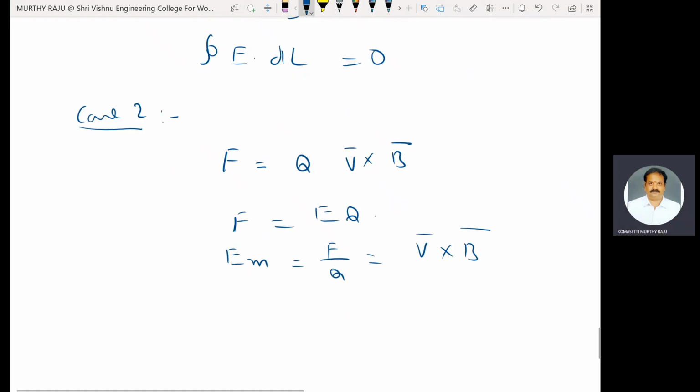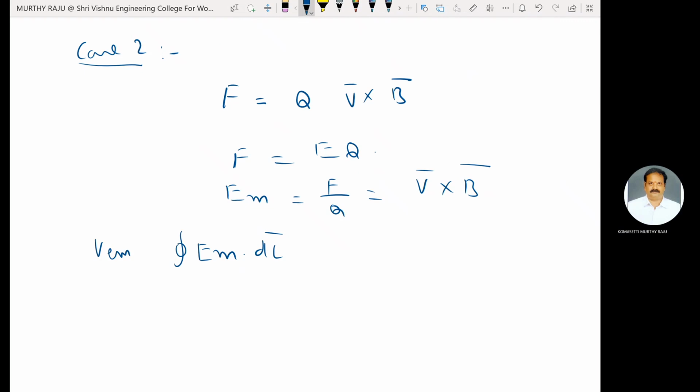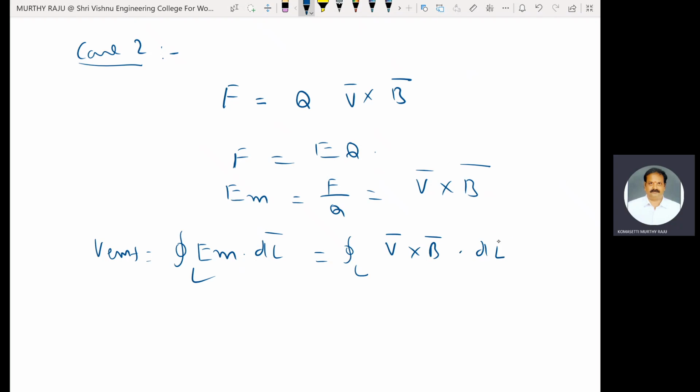Therefore, by using this, the integral of Em dot dl bar gives the induced EMF over length. Em is V bar cross B bar dot dl bar.